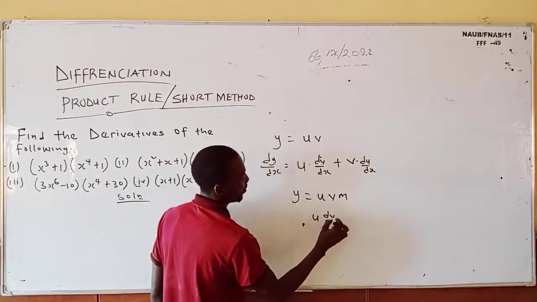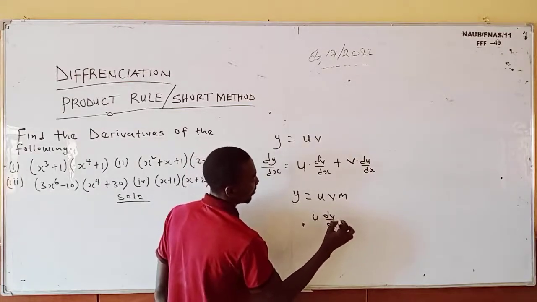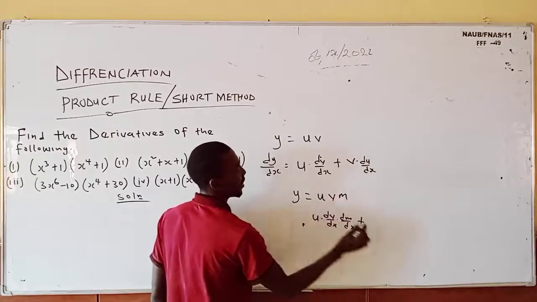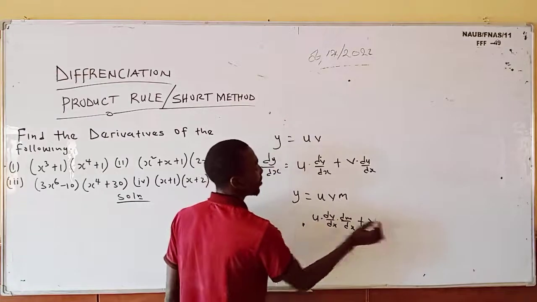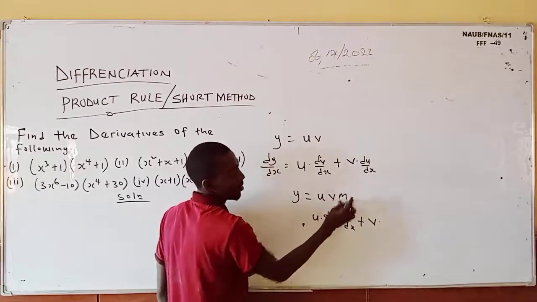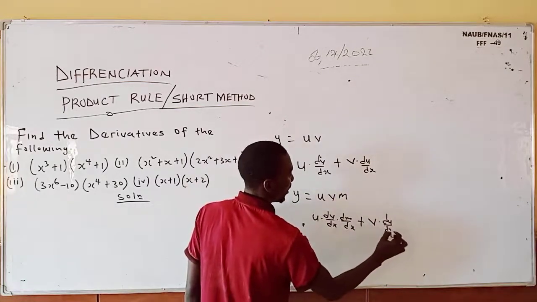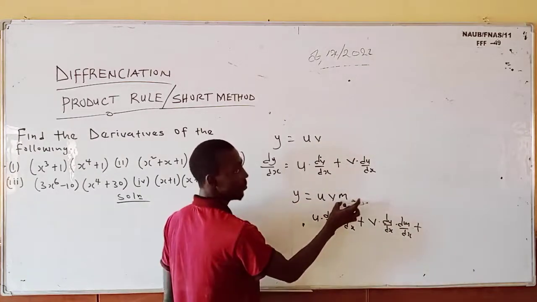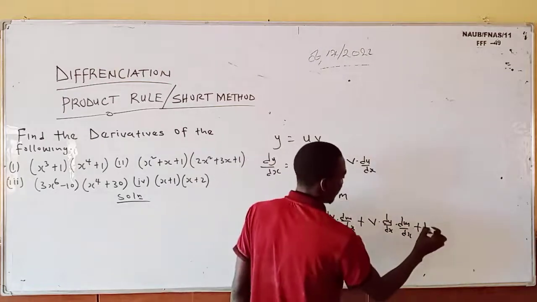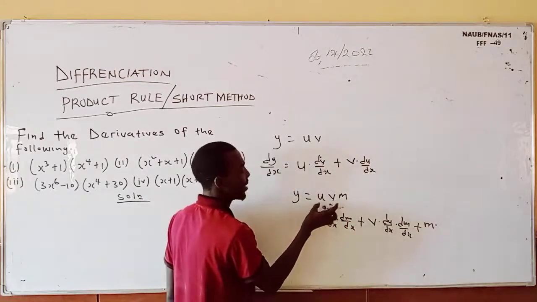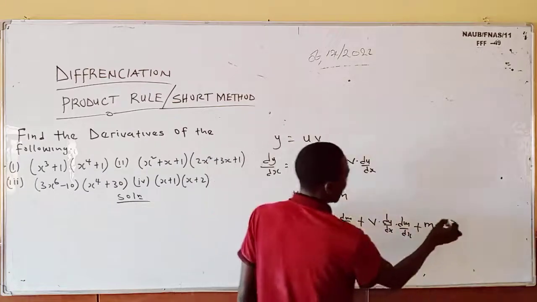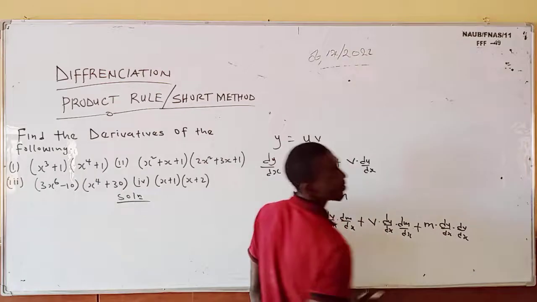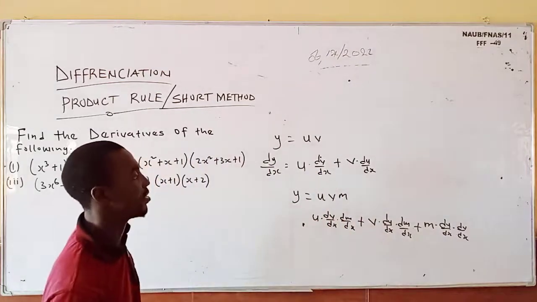So it's going to be u dv/dx times m, plus pick the next one, that is v, then use it to multiply the derivatives of the first and the last. So it's going to be v times du/dx times m, plus take the last alphabet, which is m, then use it to multiply the derivative of u and v, that is du/dx times v, then u times dv/dx. Do you get that? It's as simple as that.